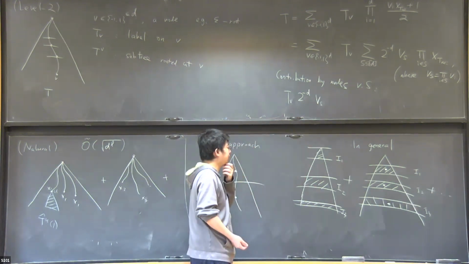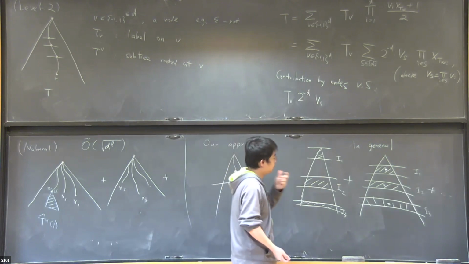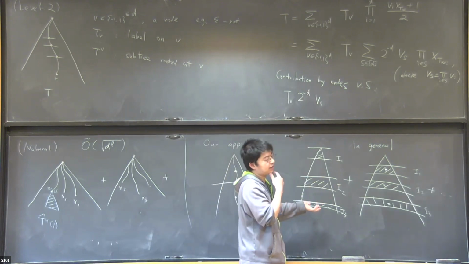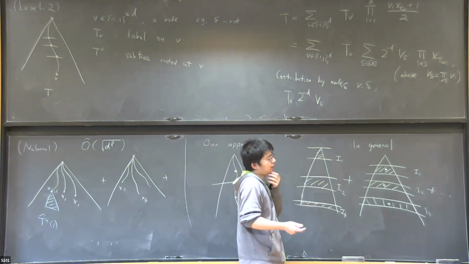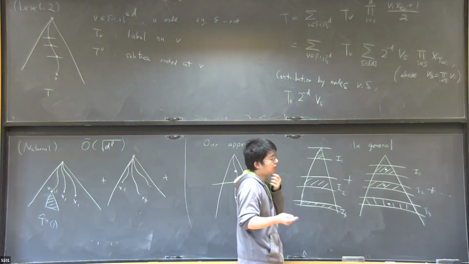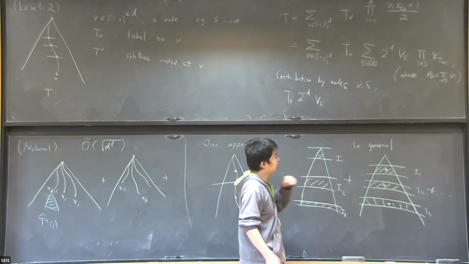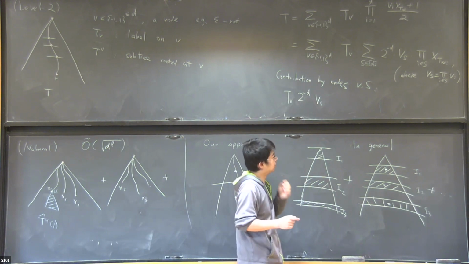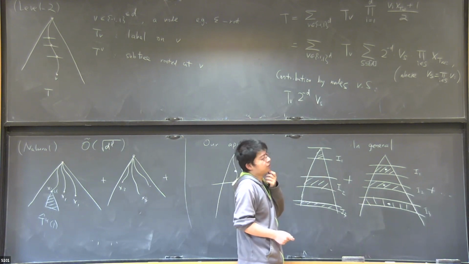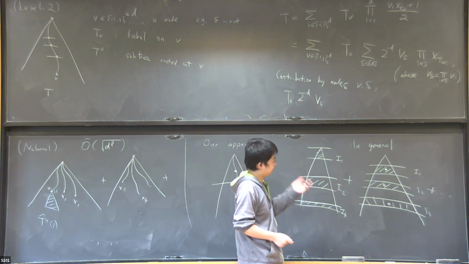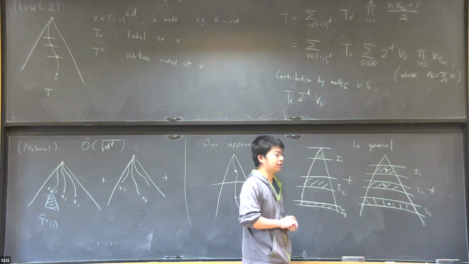And maybe, if you are fine with an upper bound that suffers from a logarithmic loss, that is logarithmically worse, then this is actually quite straightforward. But if you want to get the optimal upper bound, then you need to do some extra work.